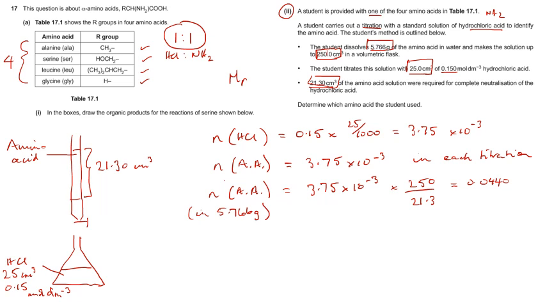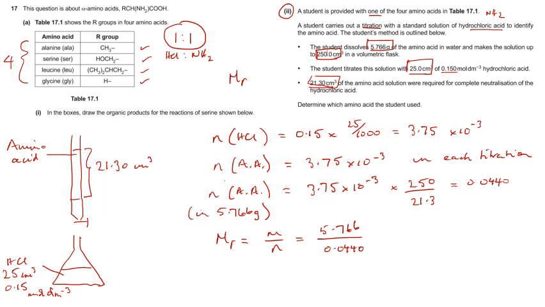So we know we've got the moles, and that corresponds to the mass of 5.766 grams. So straightforwardly we can work out the MR, which is mass over moles. The mass is our 5.766, moles is our 0.044.